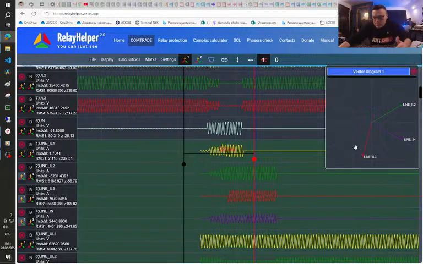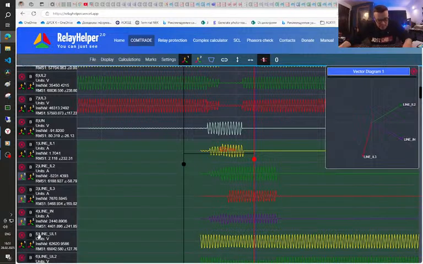So it's a very strange look, like if we turn the neutral current to 180 degrees, we will see the phase A current.